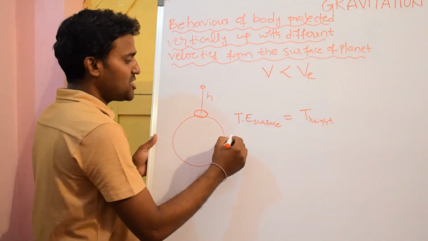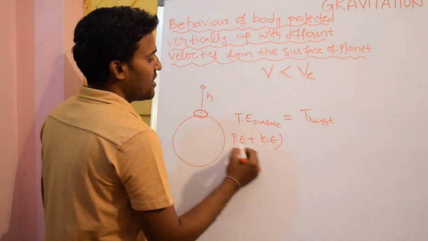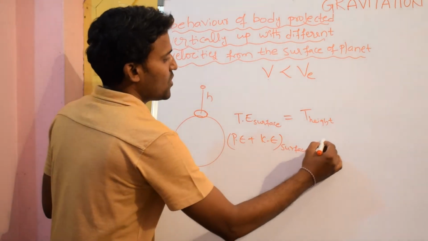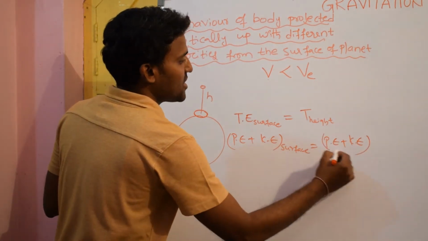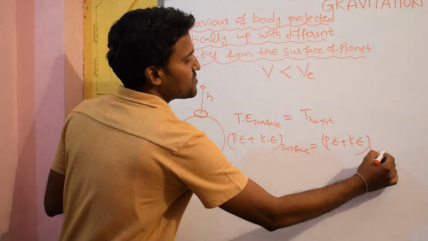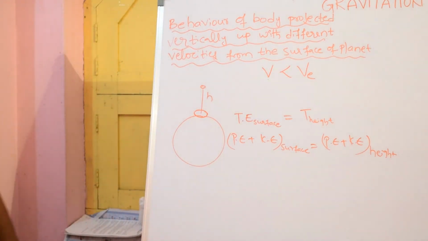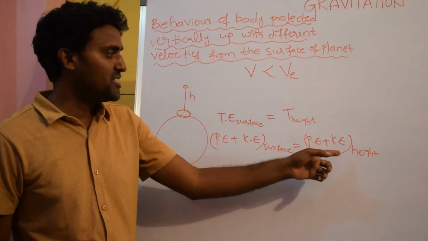Total energy means potential energy plus kinetic energy at the surface is equal to potential energy plus kinetic energy at the height. Total energy on the surface, total energy at the height.